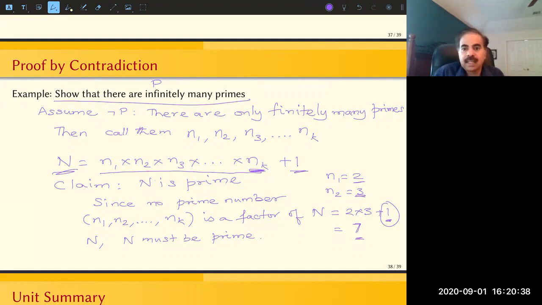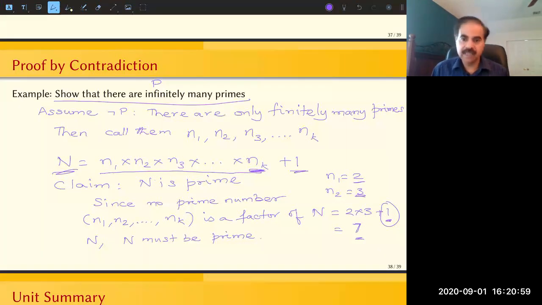We started with the assumption that there is a largest prime, nk, and then we were able to construct an even larger prime. So our assumption that there is a largest prime must be wrong, okay?